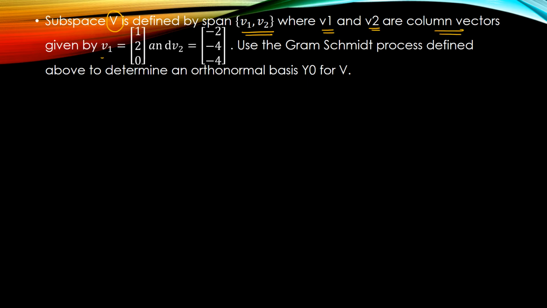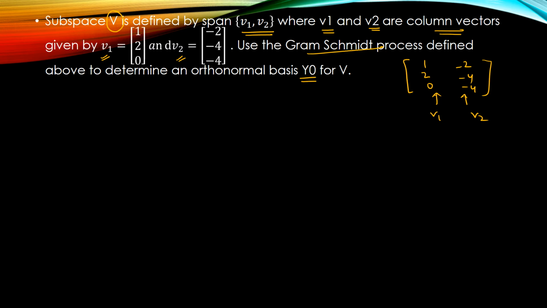They are given to us in the form of this matrix, so they have created two column vectors out of it, V1 and V2. We have to use the Gram-Schmidt process to find the orthonormal basis for V.